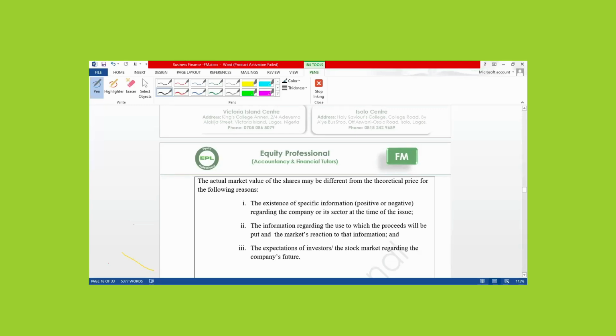That singular information that somebody who is an ex-militant has acquired over 50% of the Zenith Bank shares, and he's now becoming the chairman of Zenith Bank, that singular information will destroy the share price.